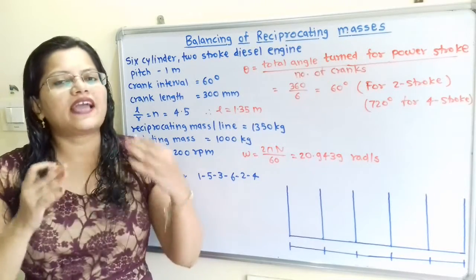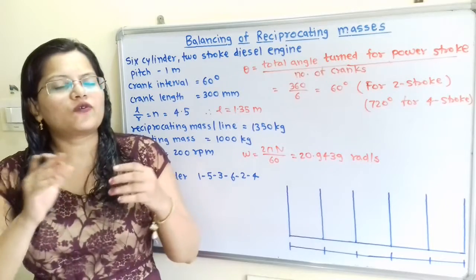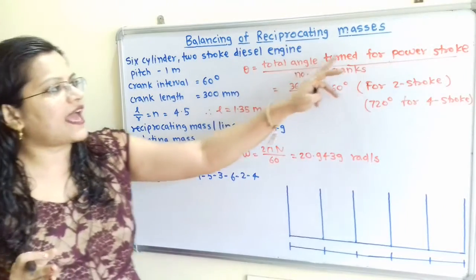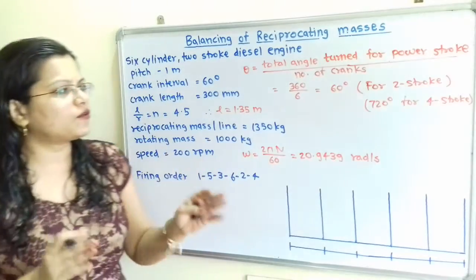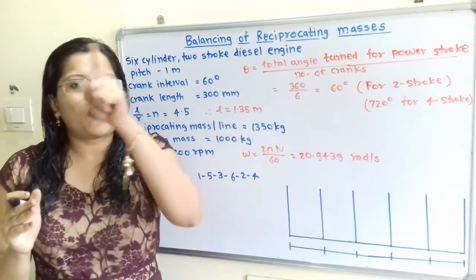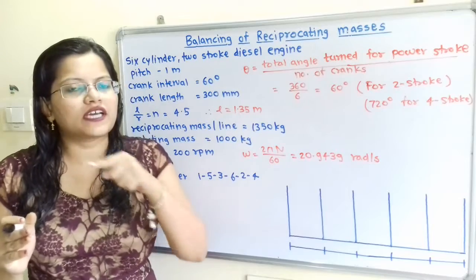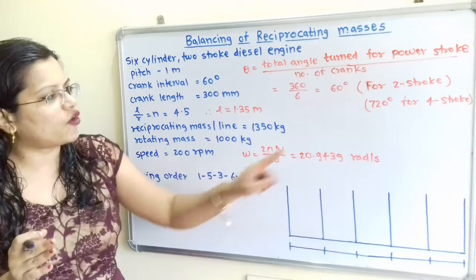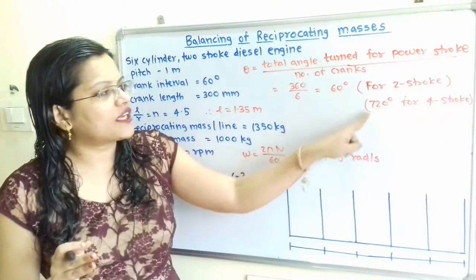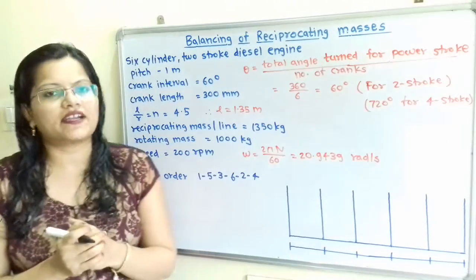For that we have to first find out the total angle turned for power stroke. In case of a two-stroke engine, for power stroke there is 360-degree revolution, and in case of a 4-stroke engine the total angle turn is 720-degree.